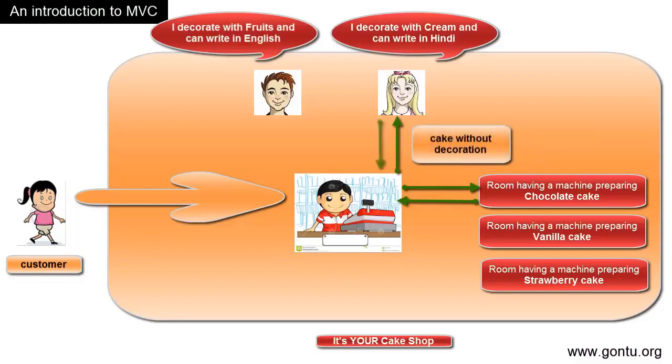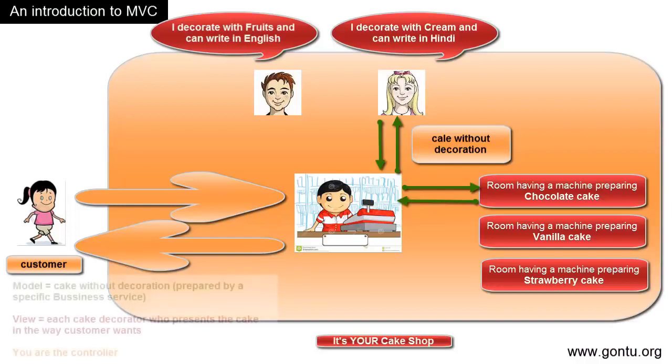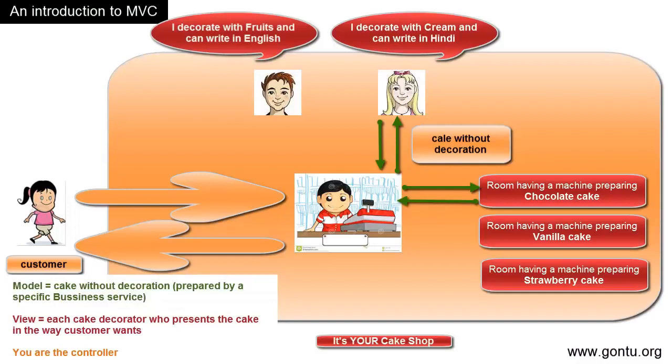Once the cake is ready, along with desired decoration which customer asked for, you deliver it to the customer. Customer is happy. This is a good example of how you see MVC concept in a real life situation. Here model can be the cake, you are the controller, and cake decorator can be the view.